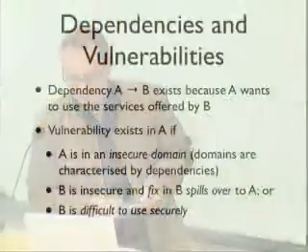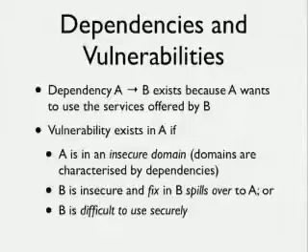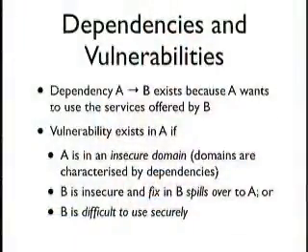The question is, why do we think beforehand, a priori, that dependency might correlate or might have anything to do with vulnerabilities? Well, dependencies exist because a package wants to use the services that are being offered by another package. And therefore, we can make a connection between those and a vulnerability in A if, for example, A is part of an insecure domain.